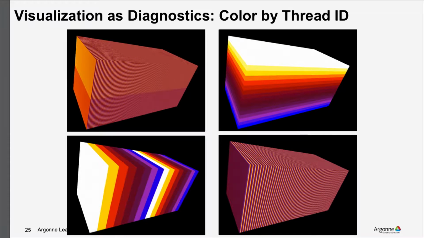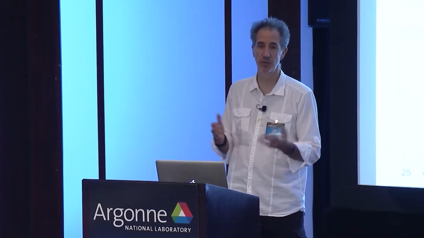Those are just a couple examples of how you could use visualization other than just the pretty pictures at the end, which hopefully give you some insight, but also for informing you about how your code is running or helping you find anomalies in the code itself.